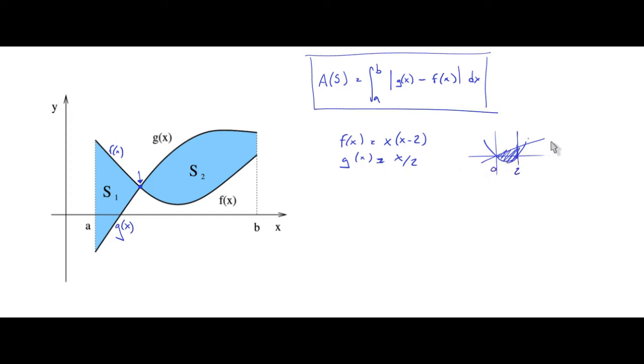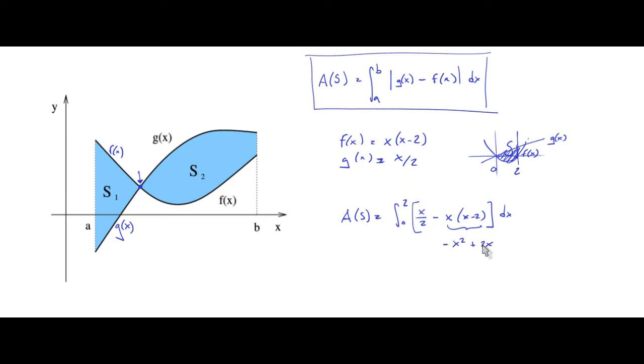Here it's obvious that g is greater than f for all of this interval between 0 and 2. So the area of this form S is the integral between 0 and 2 of x over 2 minus x times (x minus 2). We can expand this: x over 2 minus x squared plus 2x.